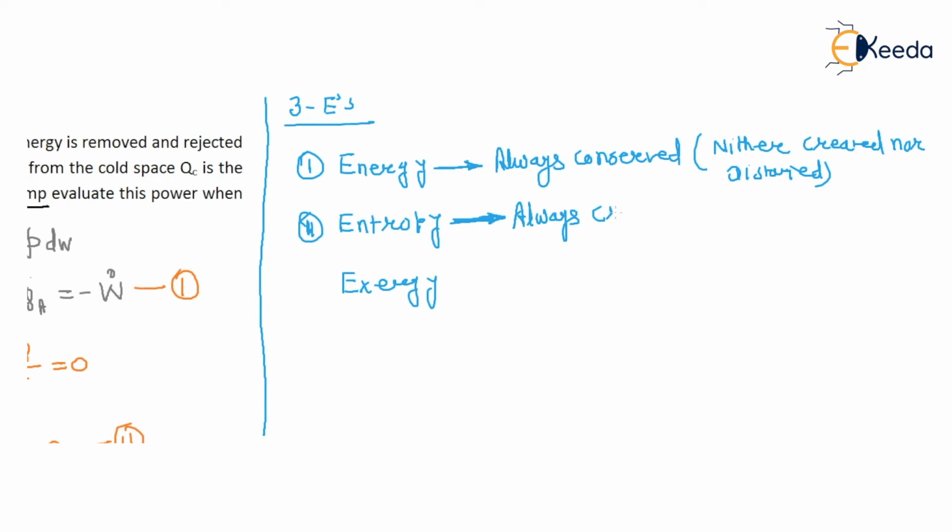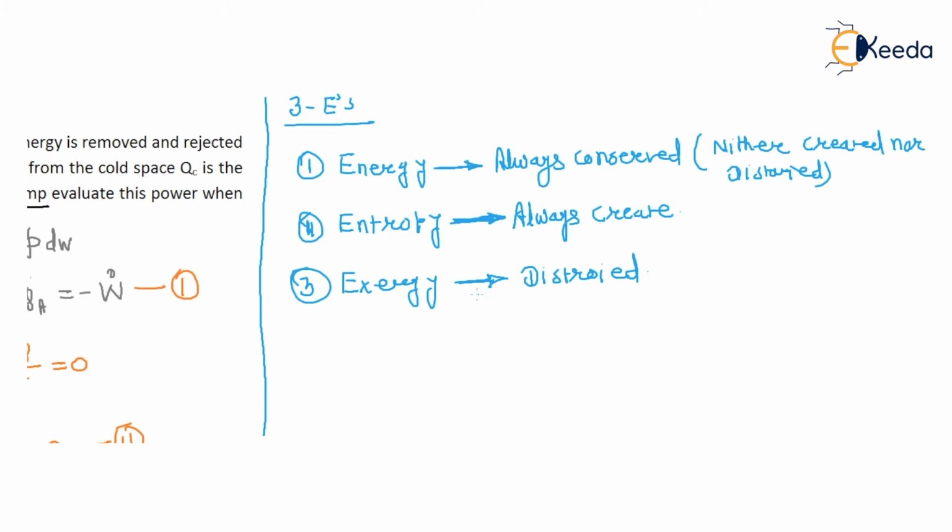And exergy is always destroyed, so the final exergy is always less than what is given. Why? Because of irreversibility. But system entropy is always created. In the limiting sense, it is zero.